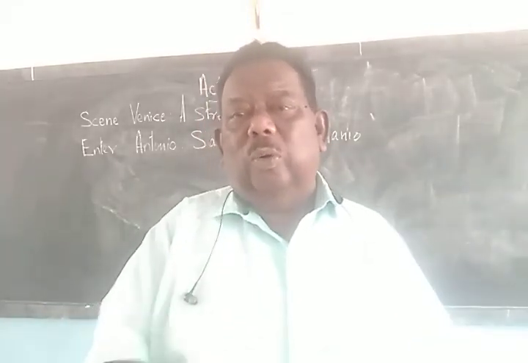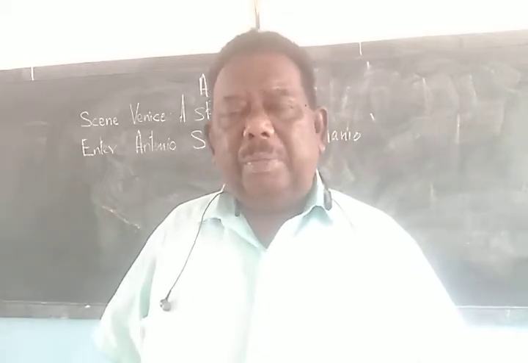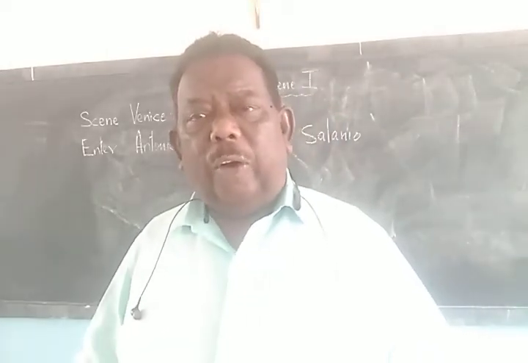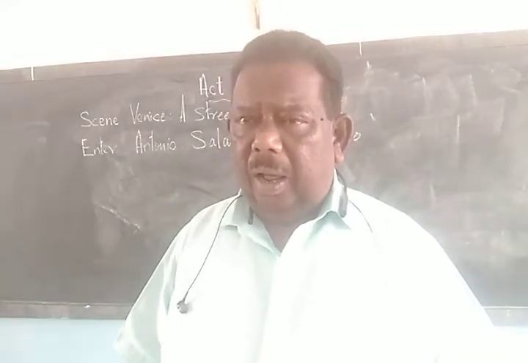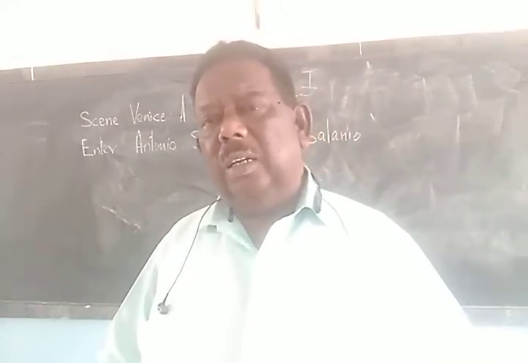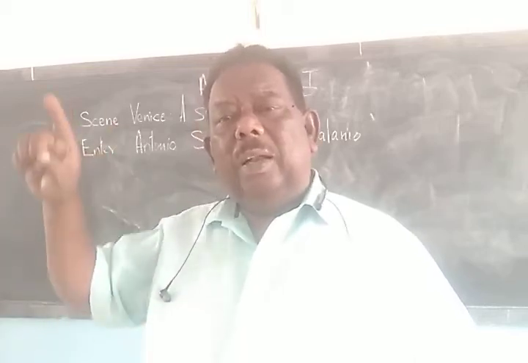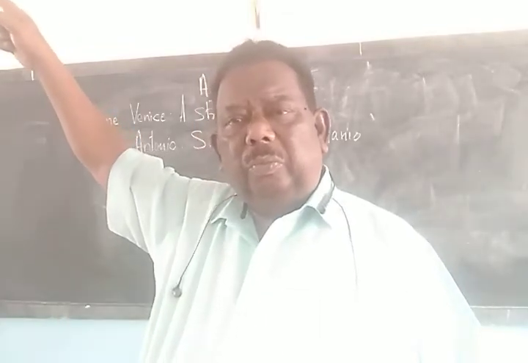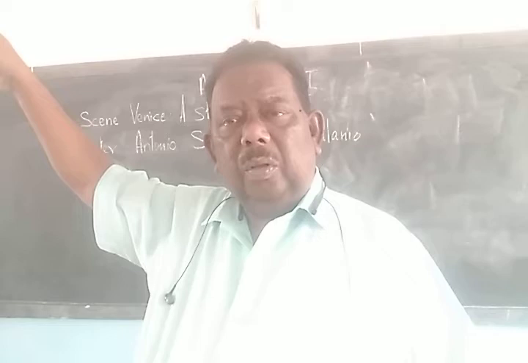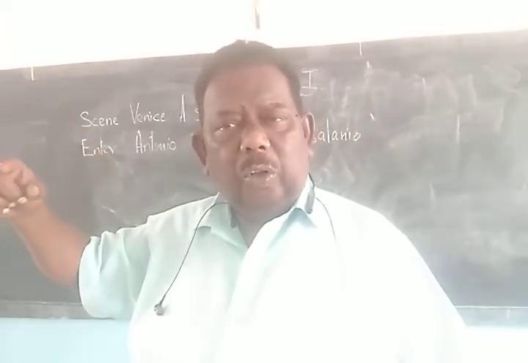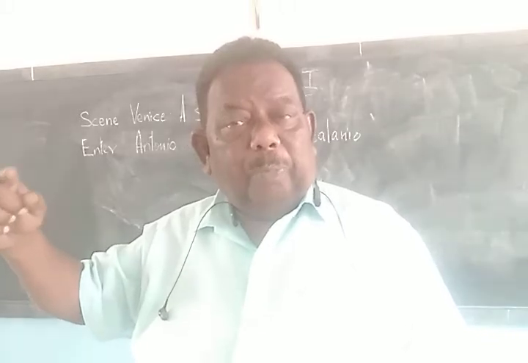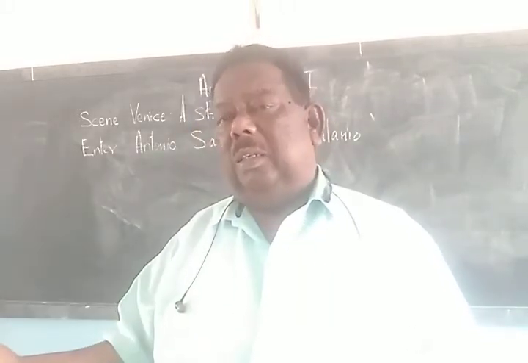Since he does not know why he is sad, perhaps I could help him to find out the reason for his sadness. And what is the reason for his sadness? He says, your mind is tossing on the ocean. So Salerio is trying to now tell Antonio what could be the possible reason for your sadness.